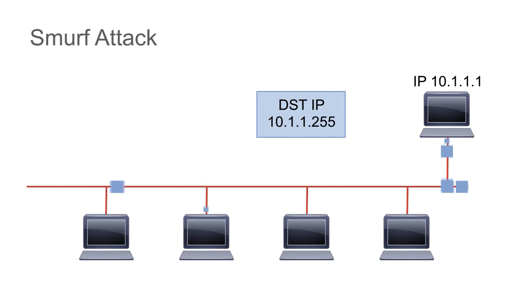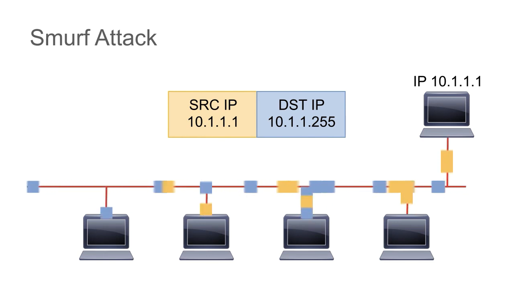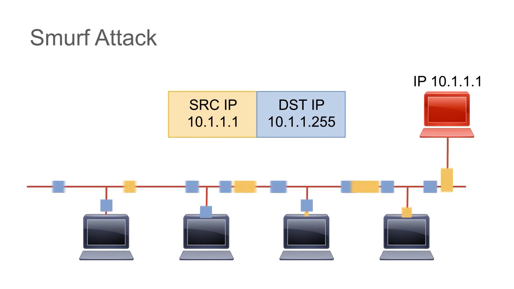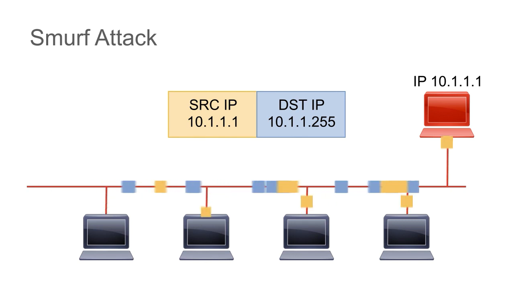That's a directed broadcast address for the 10.1.1 network. Now, the source is going to be spoofed by each of these machines, and it's going to be 10.1.1.1. So all the machines in the network that see this are all going to reply back to that one device and utilize all of his resources. Again, an attack that's designed to cripple a machine using the headers of IP, Internet Protocol.